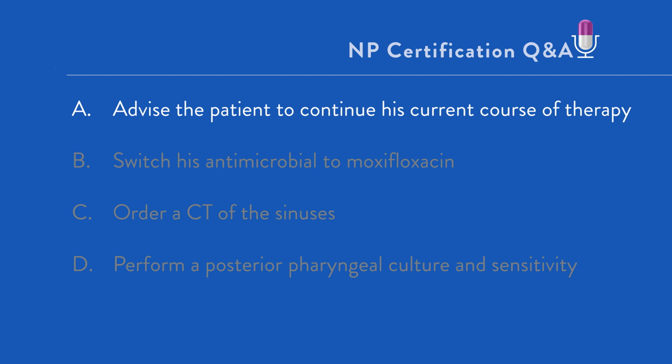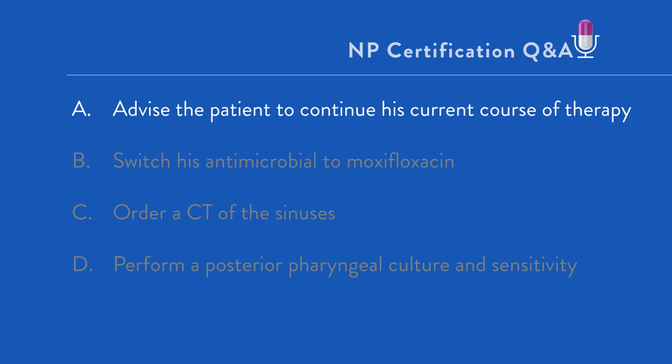Viral RTI is the most common antecedent event to ABRS development, but at the same time, less than 2% of all viral RTIs are complicated by ABRS. ABRS is a clinical diagnosis arrived at as a result of careful analysis and synthesis of the patient's clinical presentation.